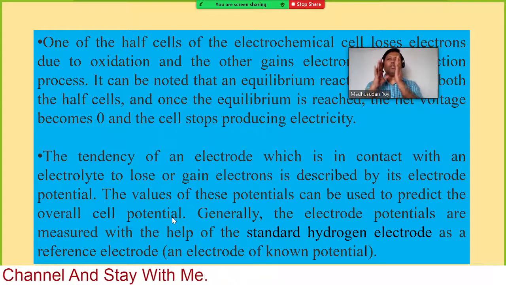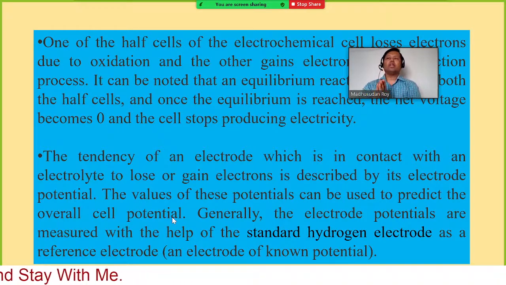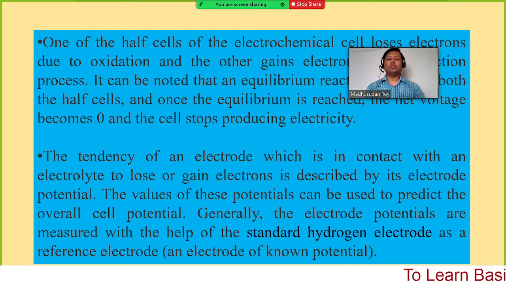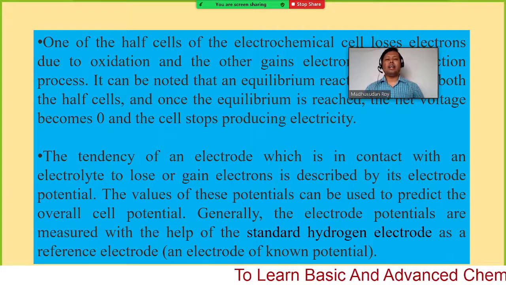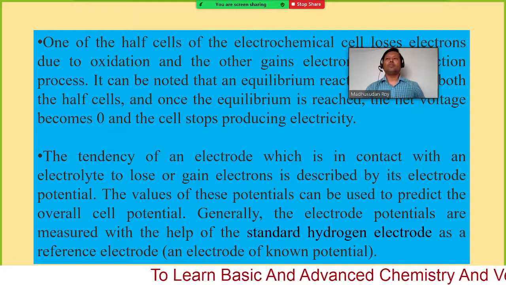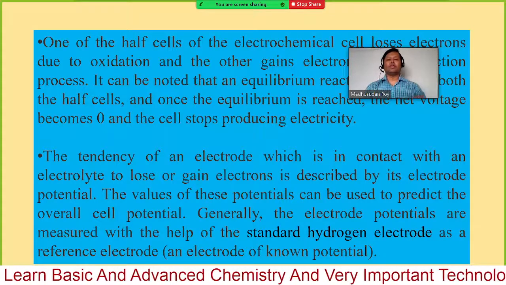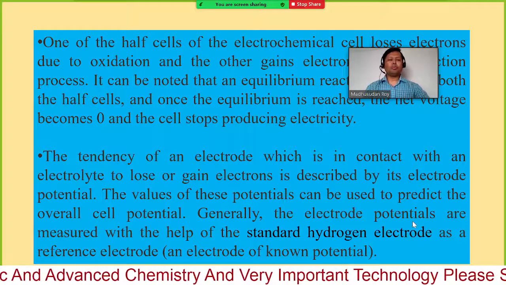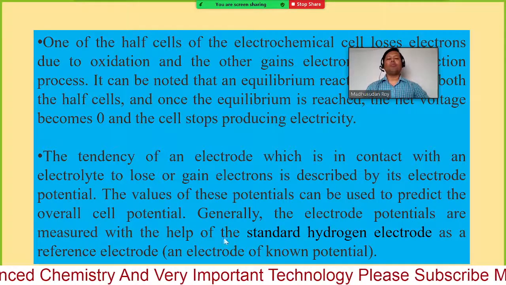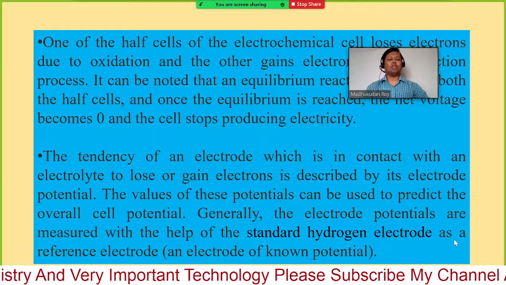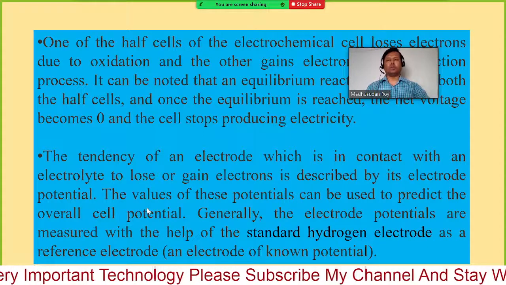If you know the cell potential for each half cell, and two half cells are connected to make a full cell, then we can predict the value of the cell potential. Generally, the electrode potentials are measured with the help of the standard hydrogen electrode as the reference electrode.